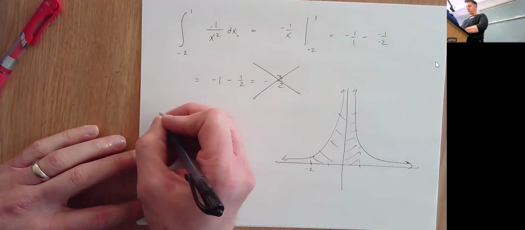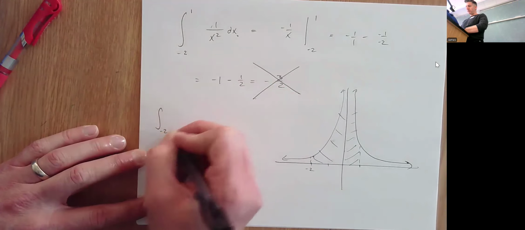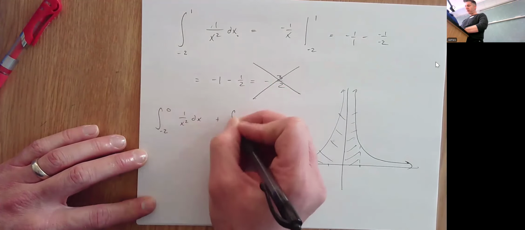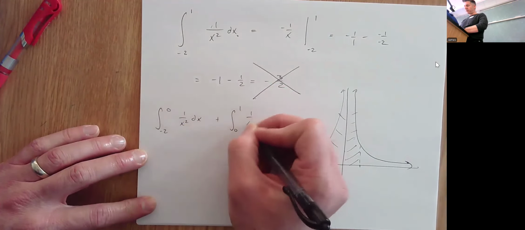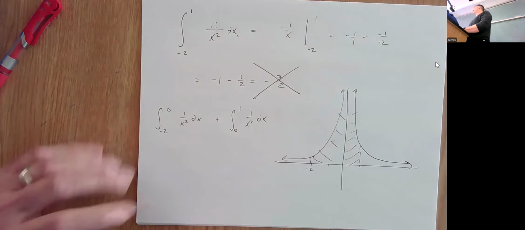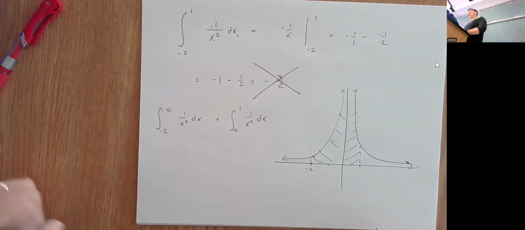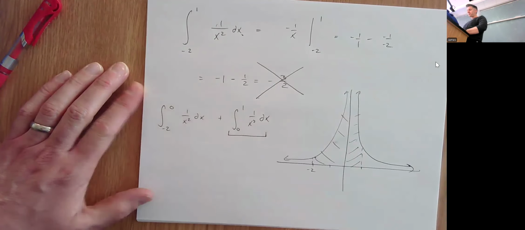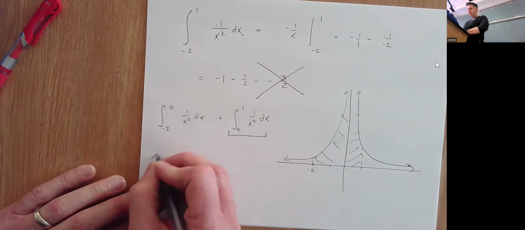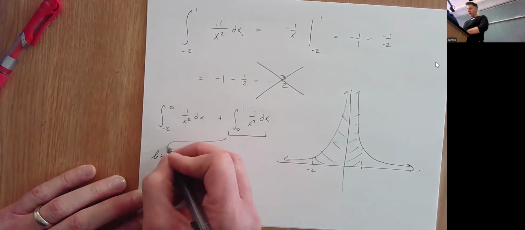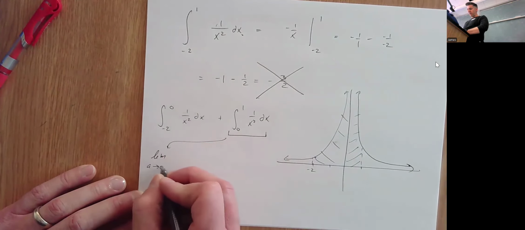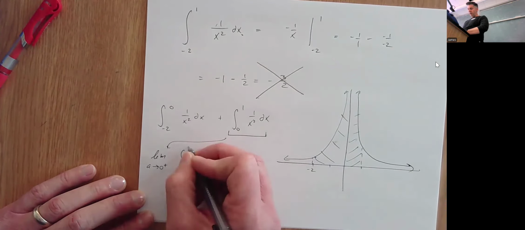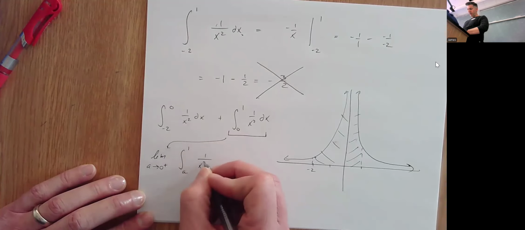So we're going to write this as the integral from -2 to 0 of 1 over x squared dx plus the integral from 0 to 1 of 1 over x squared dx. And let's just deal with one of these pieces because I'm pretty sure it's going to diverge, but let's check it out. We're going to rewrite that as the limit as a approaches 0 from the right of the integral from a to 1 of 1 over x squared dx.